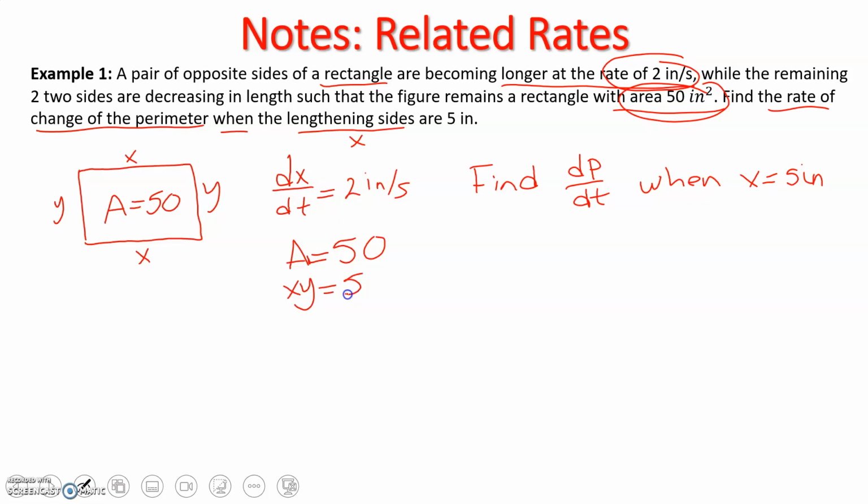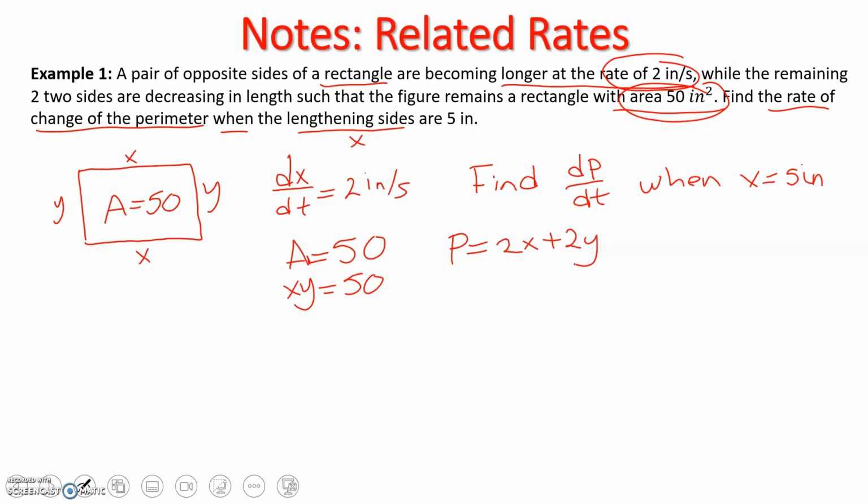So x times y is 50. We know we want to find dP/dt, that is perimeter. So we need an equation that relates the perimeter of the rectangle. We know that the perimeter of a rectangle is the sum of all the sides. That is x plus y plus x plus y, or 2x plus 2y.